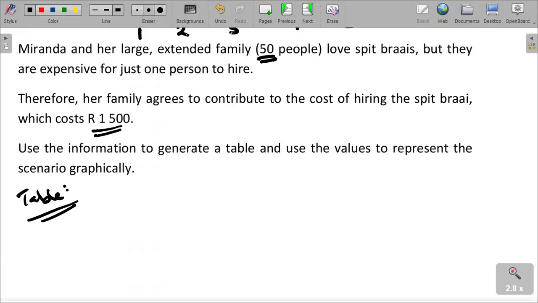So I'm going to do the last question. I'm going to leave you with one question that you are going to work on your own, and then we are going to mark it together after you have done this.